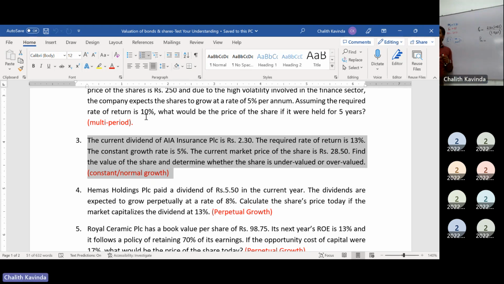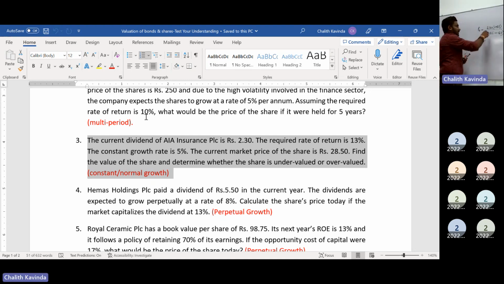It's cost of equity minus growth rate, right? Next year dividend divided by the cost of equity, 13%, minus your growth rate, 5%.